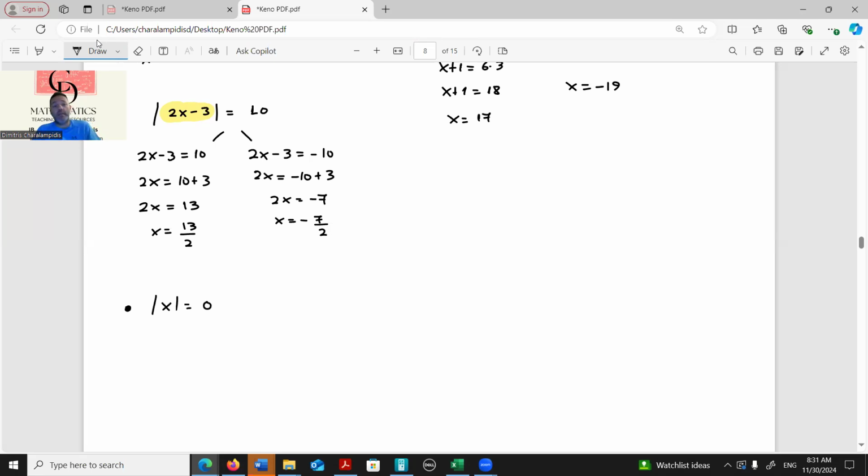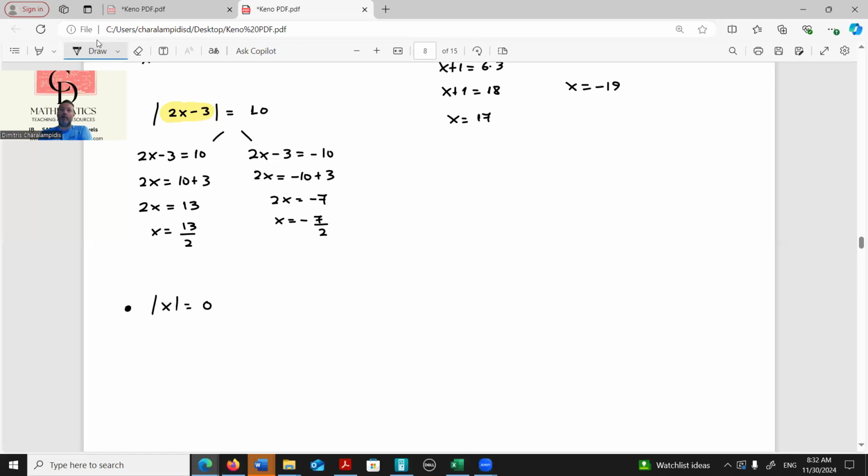First of all, we've said that the least number that an absolute value could be is 0. So this equation here makes sense. If we want to explain everything in words, that equation would mean, let's find the number x, the distance of which from 0 is 0.